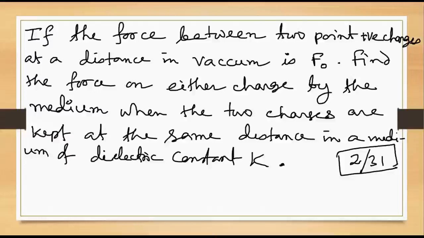Okay, let me discuss it. It's a very interesting question. See, say this one is a positive charge, say it is Q1, and this is another positive charge, say it is Q2.